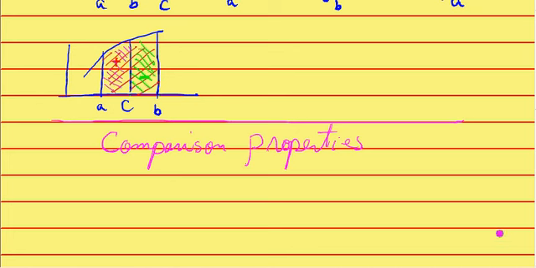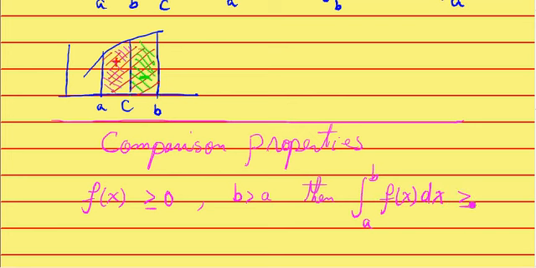For example, if you have a positive function, so if f of x does not become negative, and then b is larger than a, then you can conclude that the integral from a to b of f of x dx is not negative either.